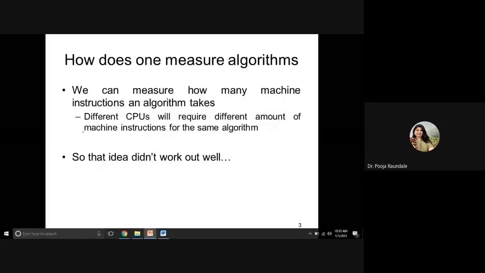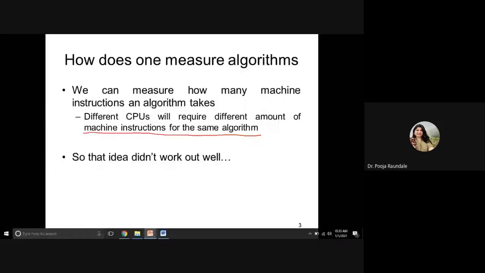So different CPUs will require different amounts of machine instructions for the same algorithm. You all know whenever we write high level code, it is converted into machine level language. Whatever the manufacturer's codes and instruction set given for that machine, it will be converted into that.